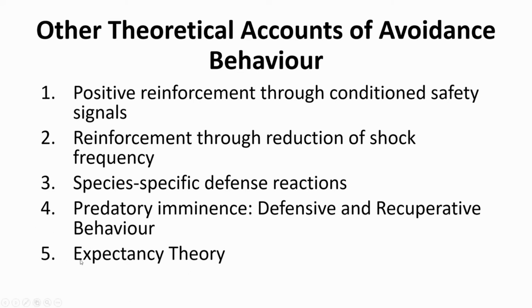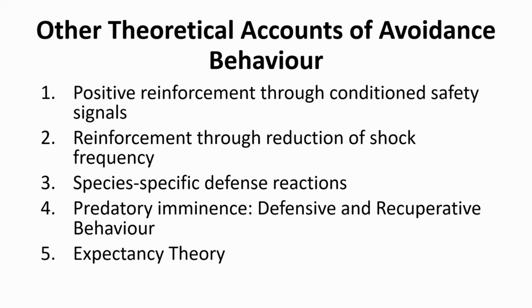Whereas expectancy theory takes us in the other direction. Researchers that work with expectancy theory start looking at what organisms come to anticipate or expect. So there's some kind of thought process involved when you evaluate things with expectancy theory. You might look at, okay, does our conditioned stimulus lead to an expectation of shock?